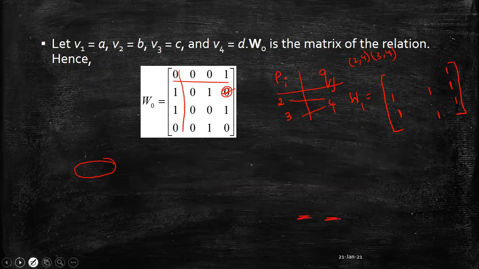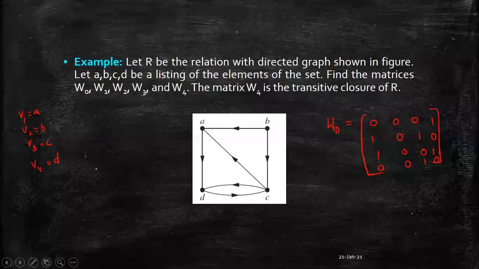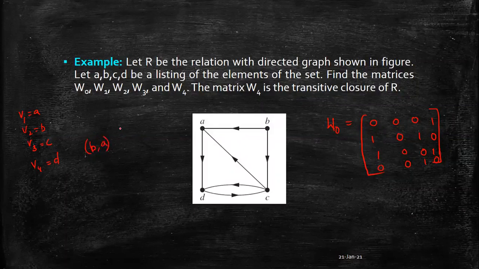Let's check our graph again. There is a path from B to D, and that is the reason we had to add the value 1. Let's look at that graph again to understand why we are adding 1. So look in the graph, we have the pair BA from B to A, and also we have the pair A to D. If we have BA and AD, to make it transitive, which other pair should we have?